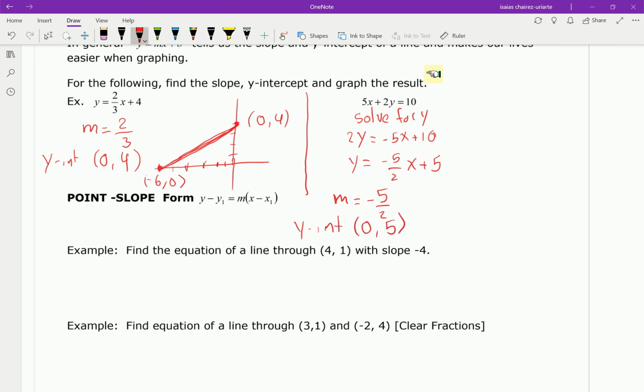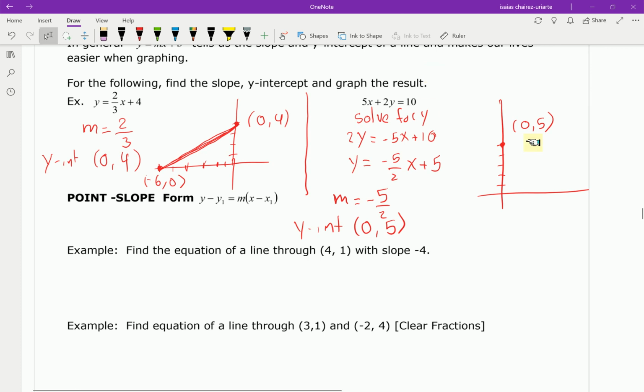Let me make a little sketch here of the graph for this. So 0,5 is one of the points on my line. That's right there. Now I'm going to find the x-intercept again.